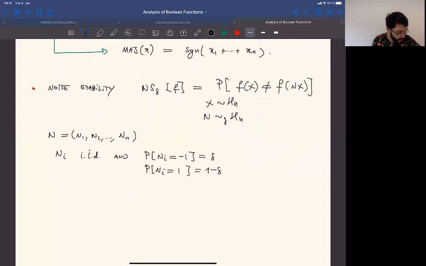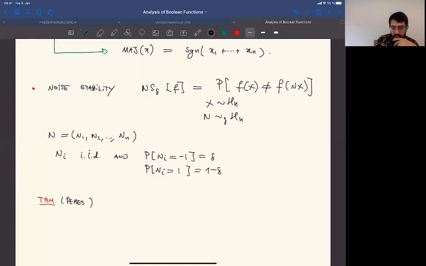Okay, so then we show the following, and this is Peres's result. Theorem. You can read directly in his paper, which is Noise Stability of Weighted Majority. That's the name of his paper.